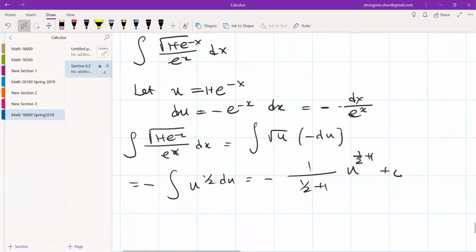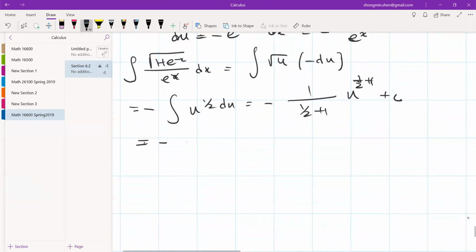Let's simplify it. It's going to be negative 3 over 2 u to the 3 over 2 plus constant. So what is u? u is 1 plus e to the negative x.